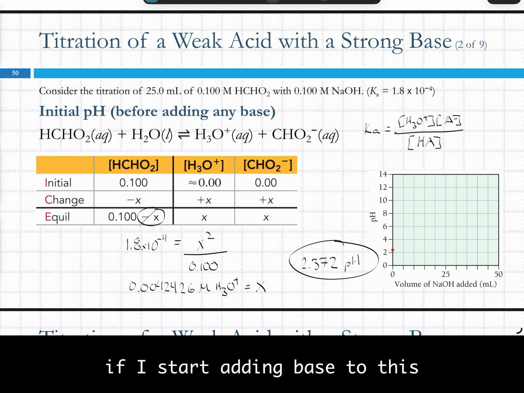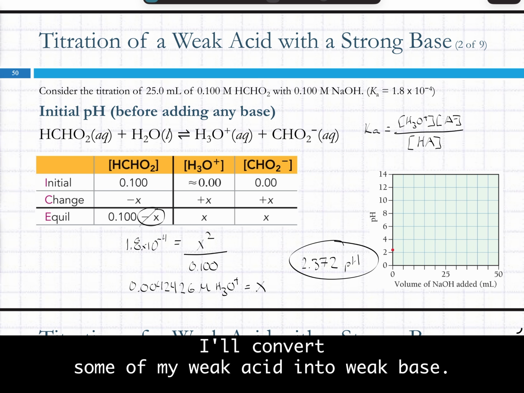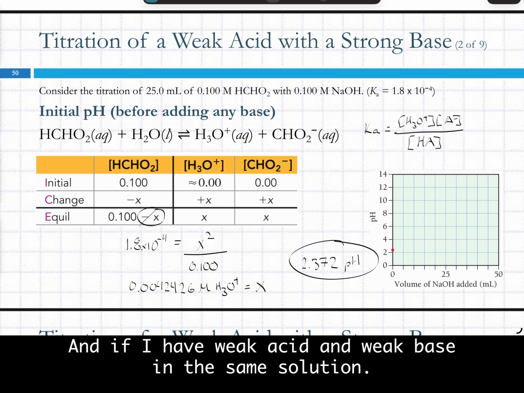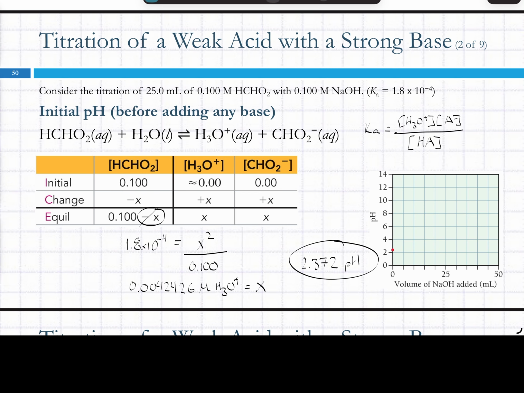What's going to happen if I start adding base to this? We will have to calculate moles. And we enter a special region of the titration curve. So if I add some base, I'll convert some of my weak acid into weak base. And if I have weak acid and weak base in the same solution, it's a buffer.